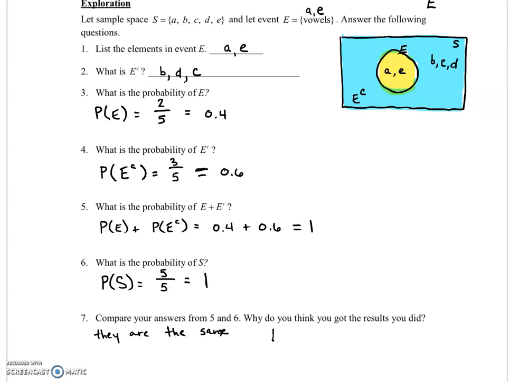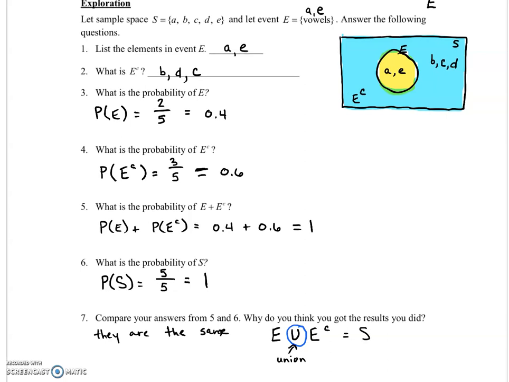But here's what happens. This right side up thing that looks like a capital U, that is what we call a union symbol.